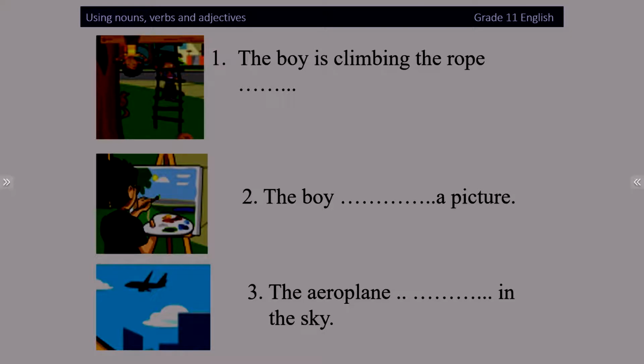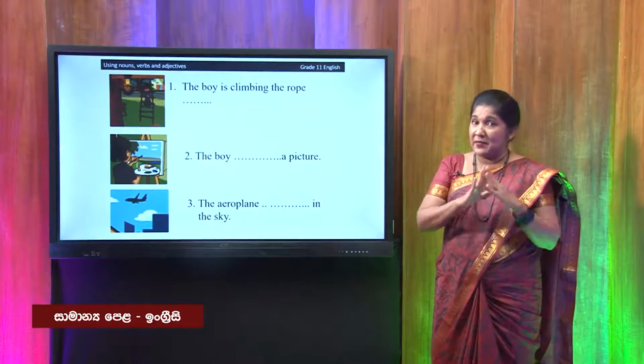Then, sentence number 2. The boy blank a picture. Look at that picture there. The boy is doing something, and you know, it's an action. So when it is an action, it's a verb. Maybe it's very clear.